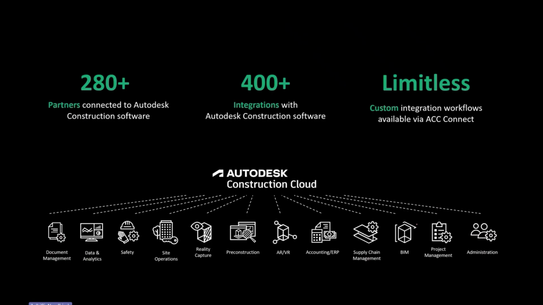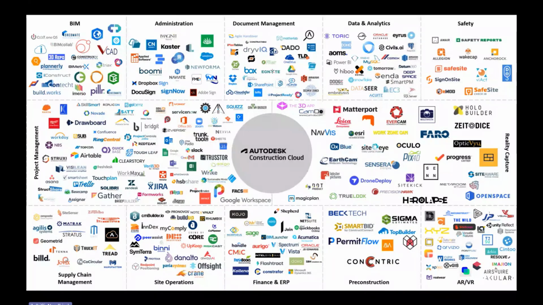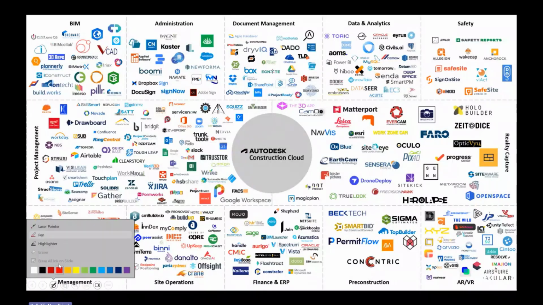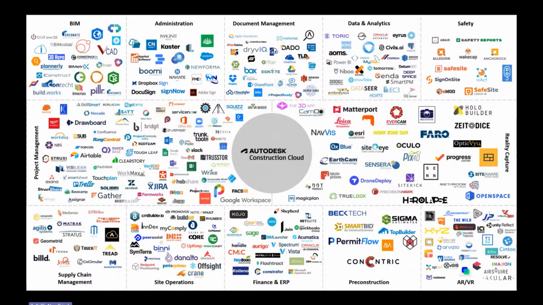Our ACC platform, Autodesk Construction Cloud, is actually an open API. There are 400-plus integrations that you can integrate with. For example, most of our customers use Microsoft Power BI, which is really helpful when you have data and want to do analytics.